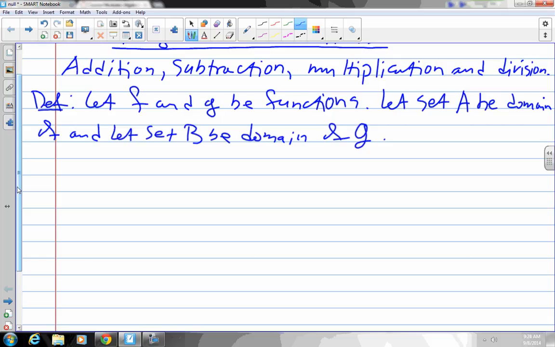So A is the domain of f, B is the domain of g, two functions. Each one of them has their own little domain.